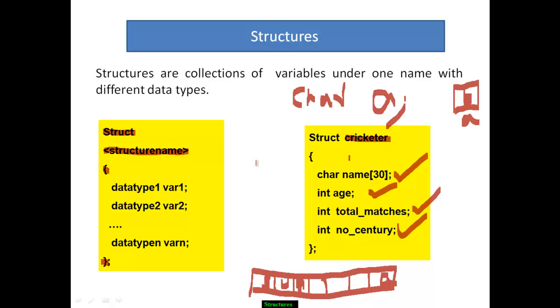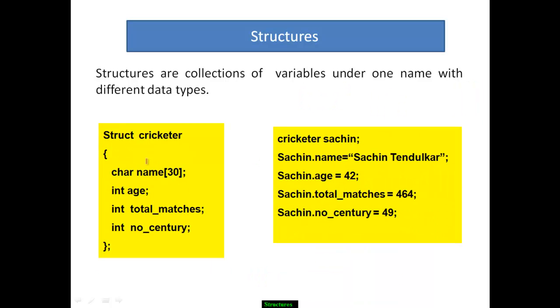Okay, now this is the structure we have defined, and we want to store the details of the first cricketer I know, who is Sachin. So what will I do? This is the data type that we have created. That's why this structure is called a user defined data type. So I have to create one object for this cricketer.